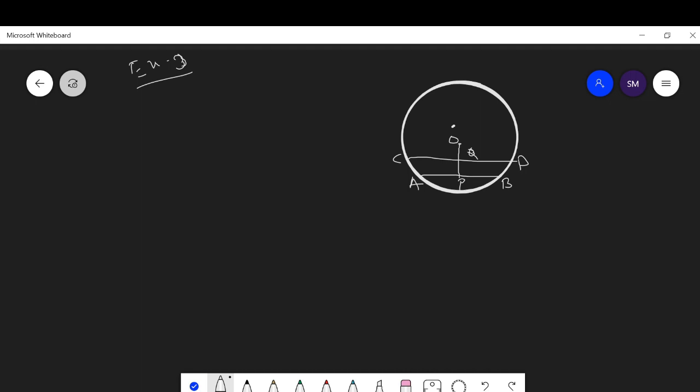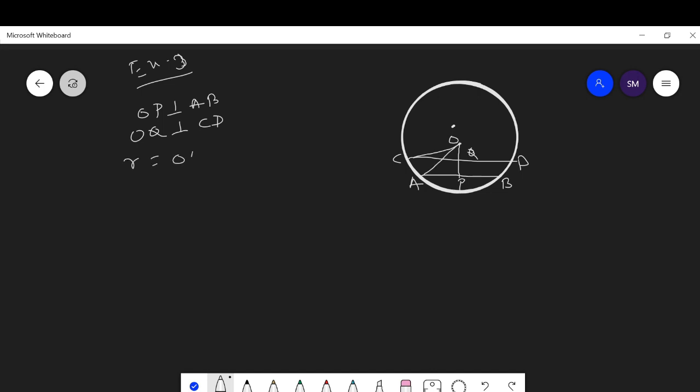OP is perpendicular to AB and OQ is perpendicular to CD, and the radius R means OC and OA are the radius.